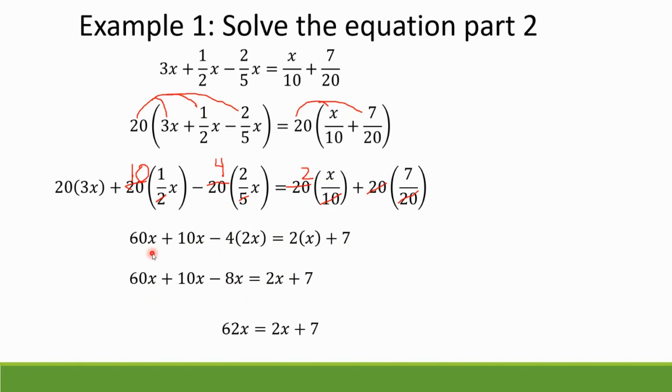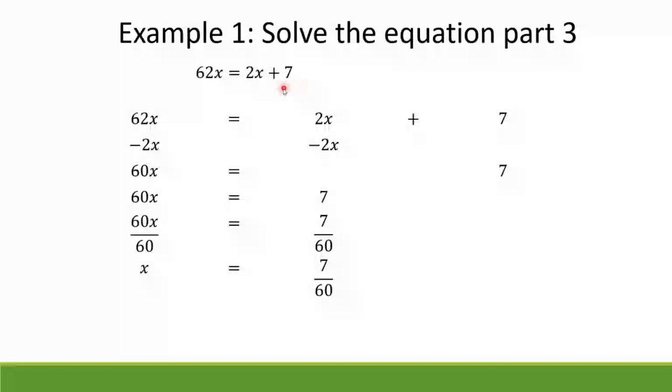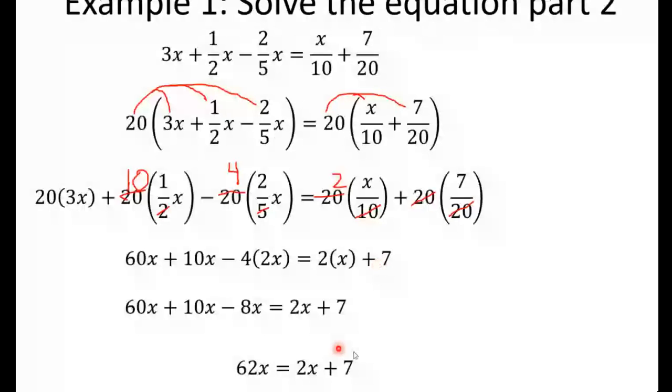So we can simplify the left-hand side. We end up getting 62 times x. So we have 62x is 2x plus 7. That's good. Almost there, because now we want to solve this equation, which is the same as down here.